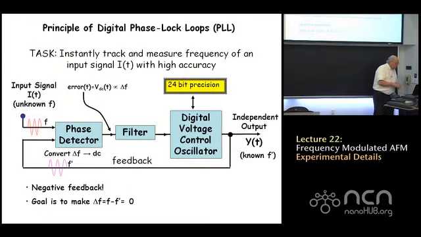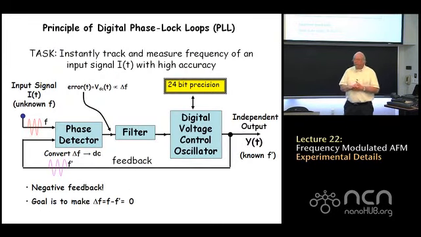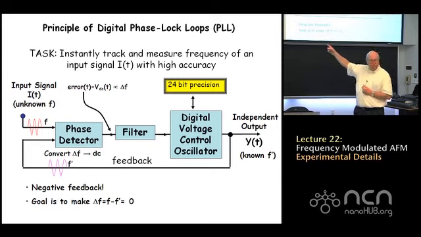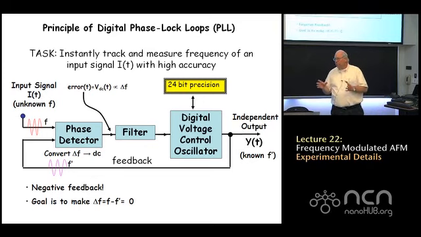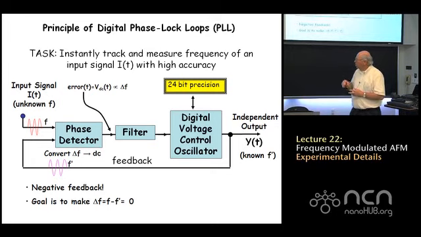To do this with accuracy, I will just mention that you need a 24-bit voltage-controlled oscillator, right? You can't use 8-bit, 12-bit, 16-bit. That won't give you enough accuracy. So one of the problems of implementing this is that these voltage-controlled oscillators have to have like a 24-bit precision signal put into them.